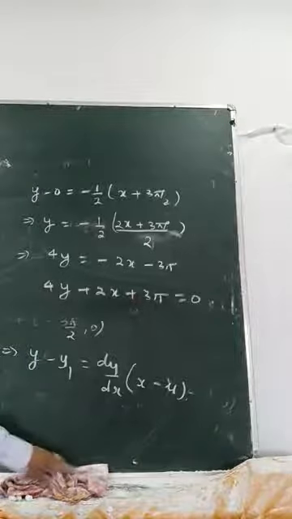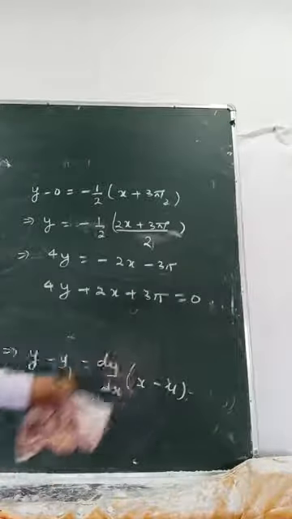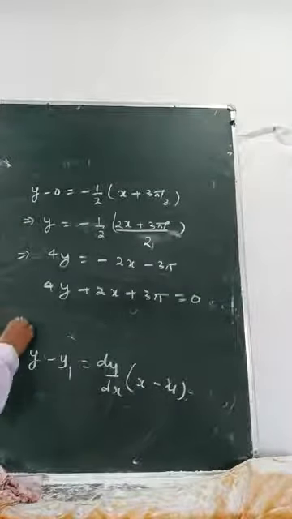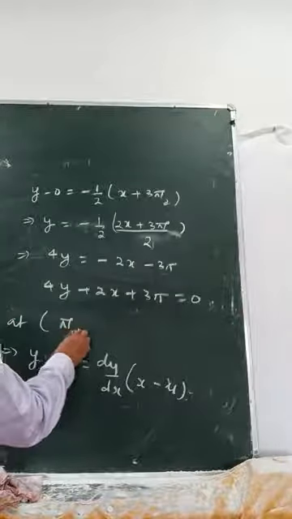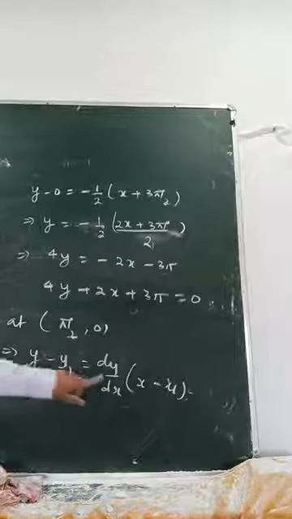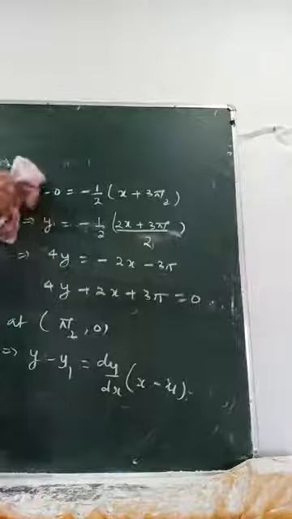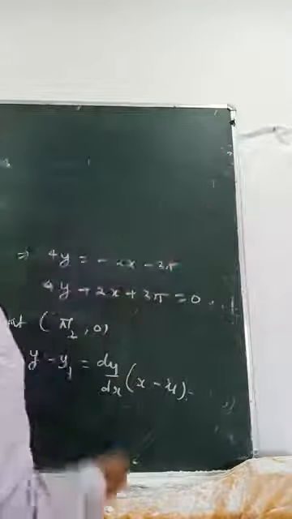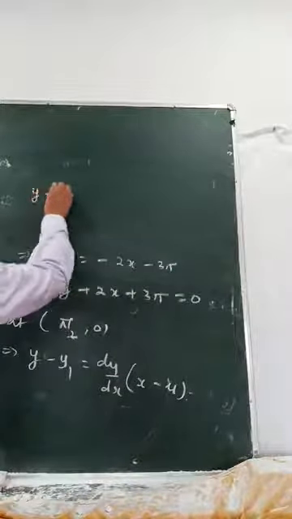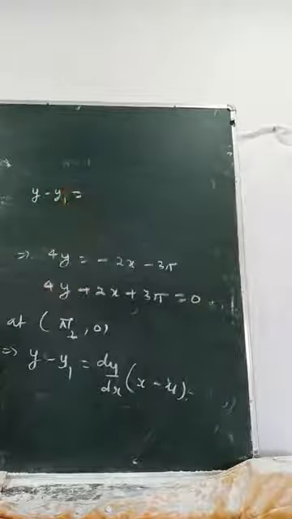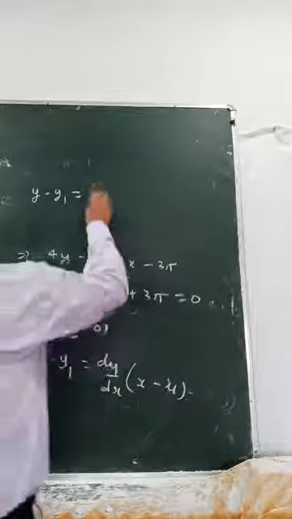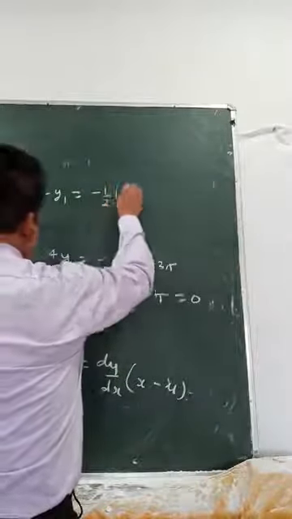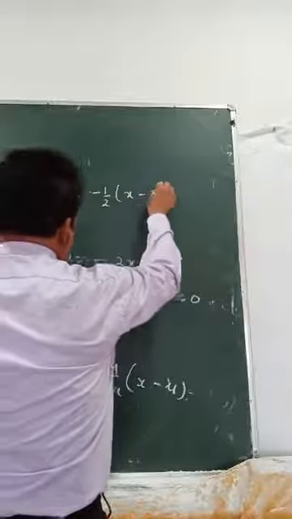Okay. What is the second point? The second point is pi by 2, 0. The formula is the same. So I'll put y minus y1 equals minus half times x minus pi by 2.